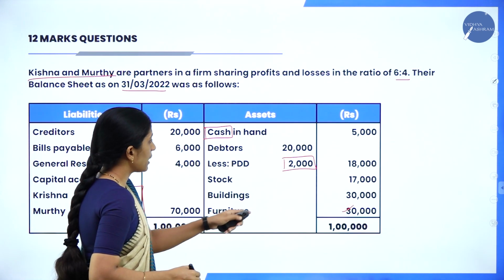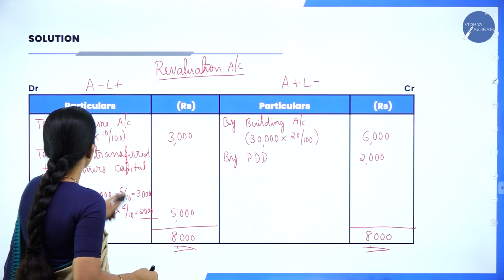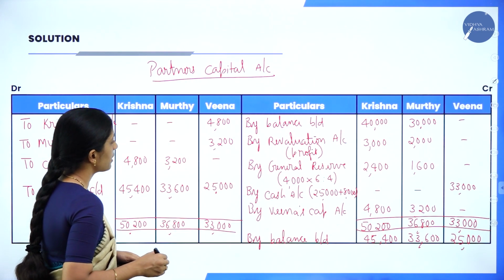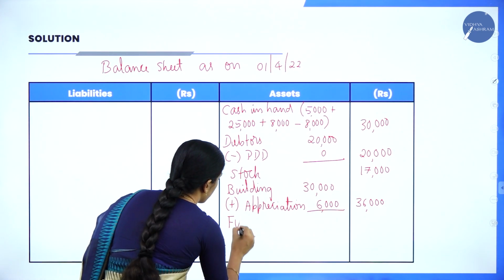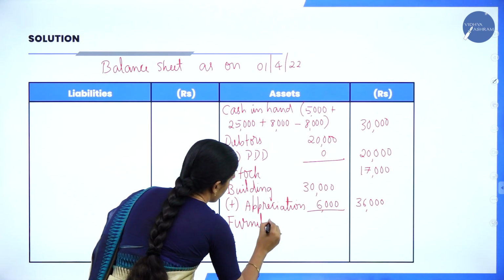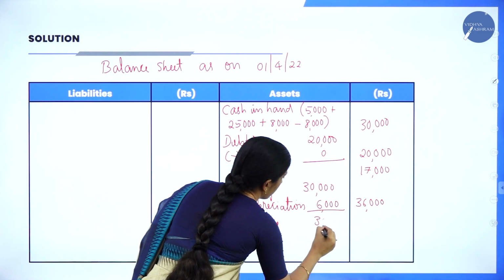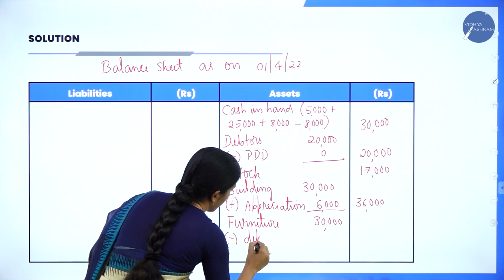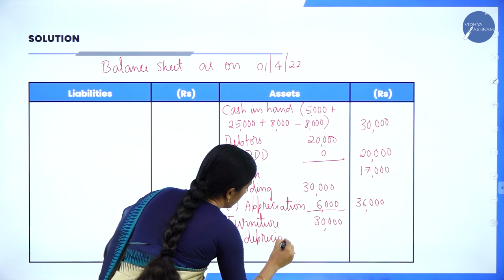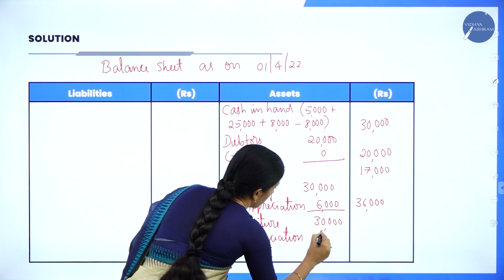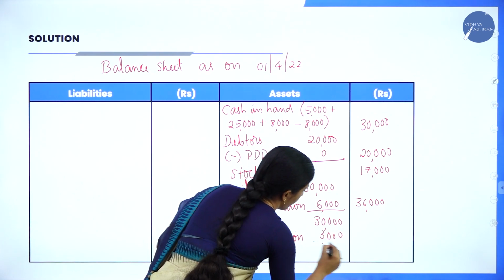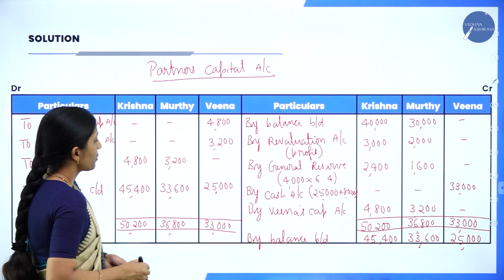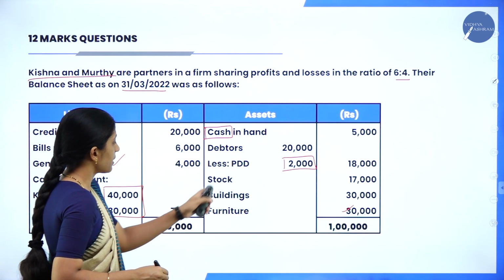Next one, furniture. Furniture 30,000, but there is a depreciation of 3,000. Furniture 30,000 minus depreciation 3,000. So outer column it is 27,000. So we are done with all the assets here.